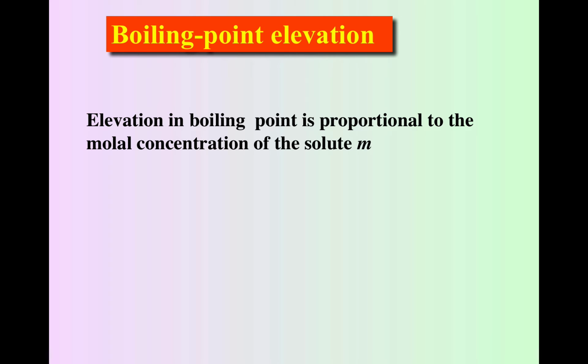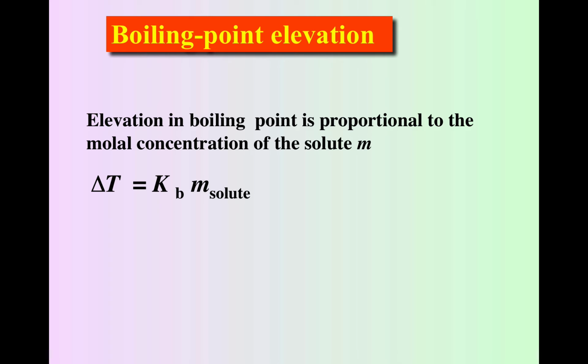Harder to freeze. So boiling point elevation is proportional to the molality of the solution, right? So there's that concentration unit, molality. We use mole fraction with vapor pressure lowering. We're using molality with boiling point elevation. So you need some constant in order to equate the boiling point change to the molality of the solution.